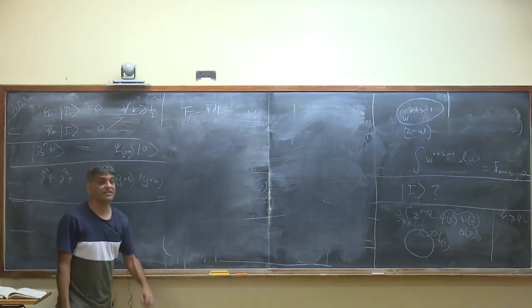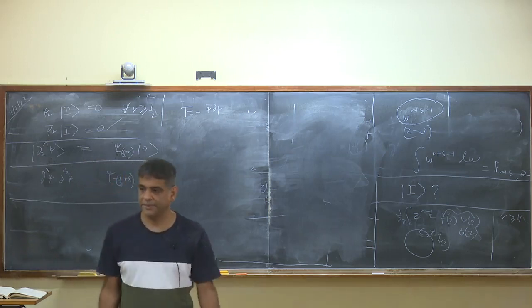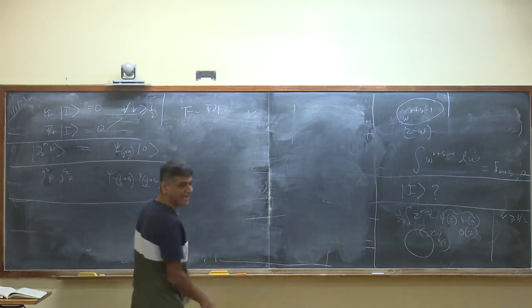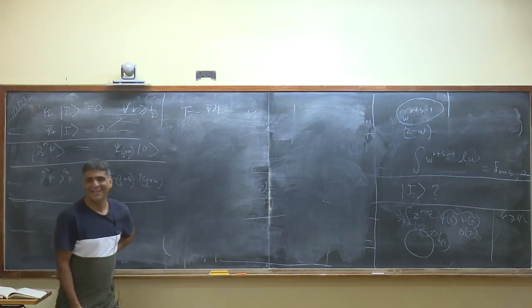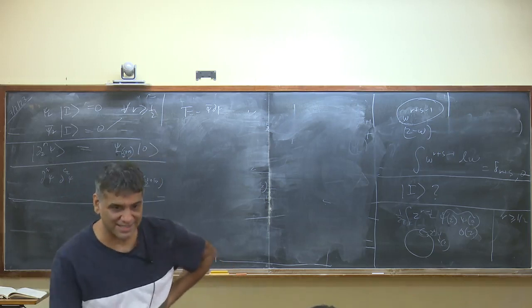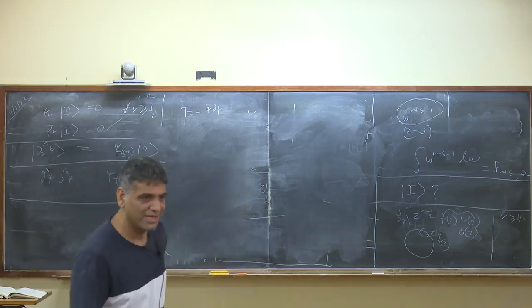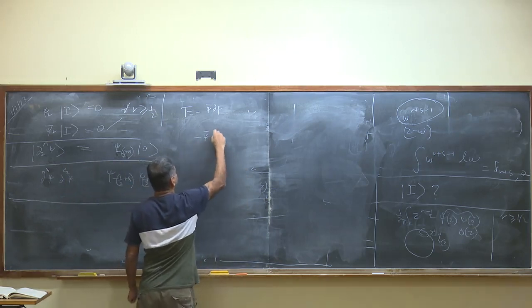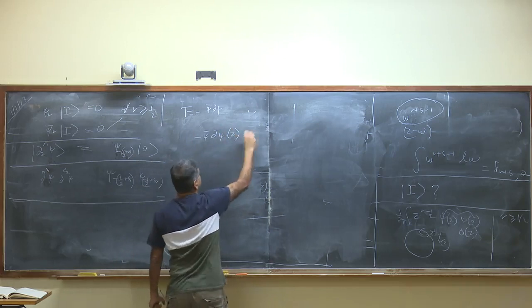Okay, let's check that this is correct. First thing I'm going to do is to check the OPE of T with psi. I asserted for you that psi was a primary operator of dimension half. Let's check that that's the case. So we have minus psi bar del psi at z, psi of 0.